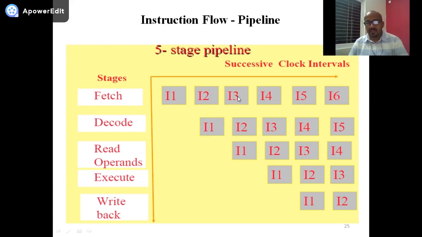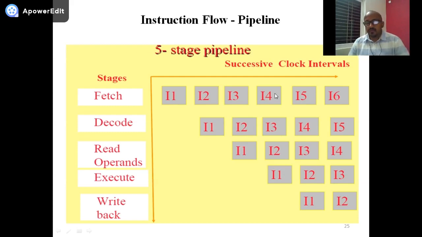At time T3 the third instruction is fetched, the second instruction is decoded, and to execute the first instruction the operands are read from the ROM.